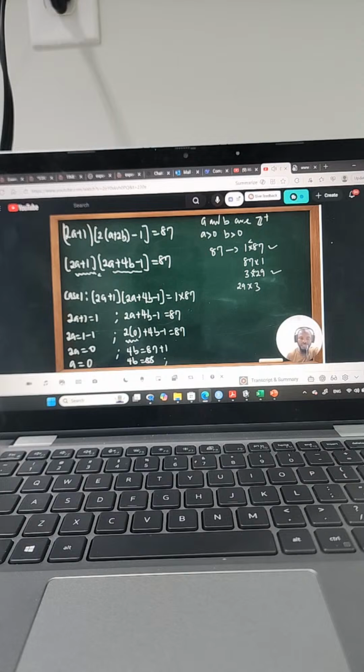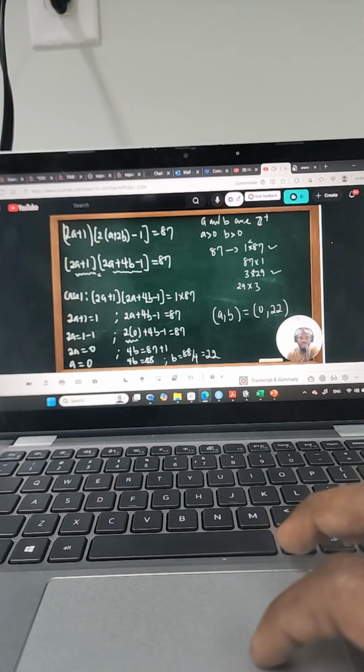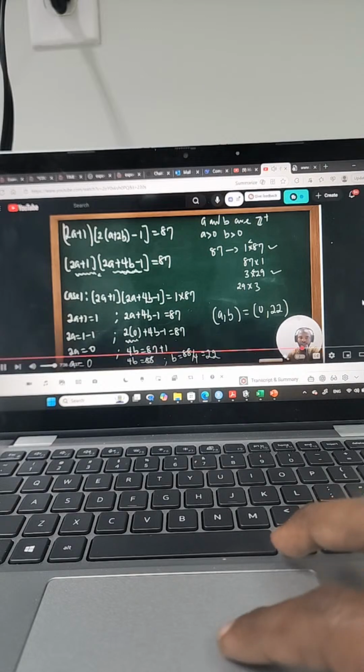And finally, b is 88 over 4, which is 22. So in this case, the values for a and b are 0 and 22. You can confirm this by plugging these values into the given equation. If a is 0, then this is going to be 0. And when you plug in b equals 22 into the given equation, you're going to have 87.